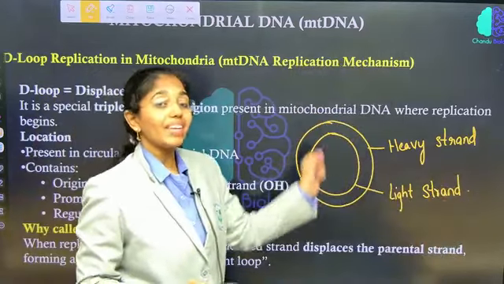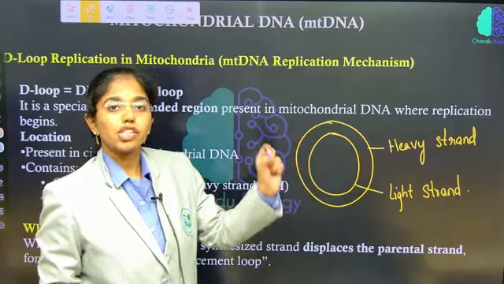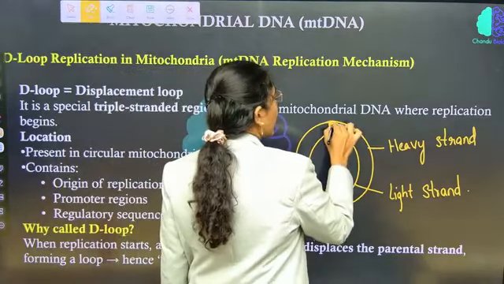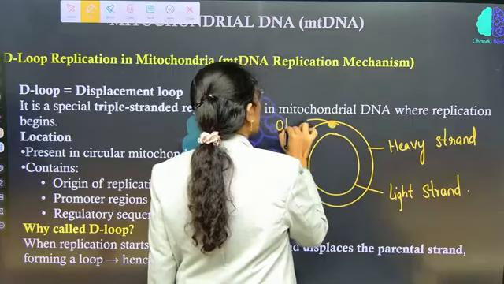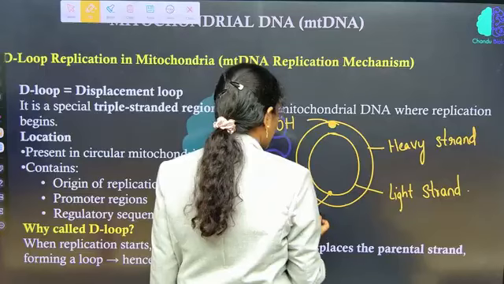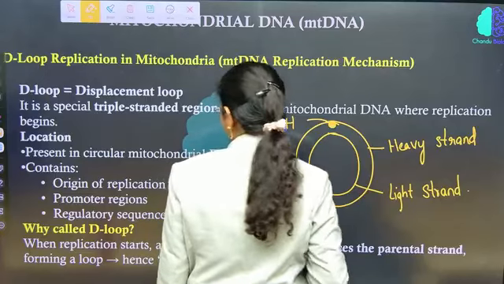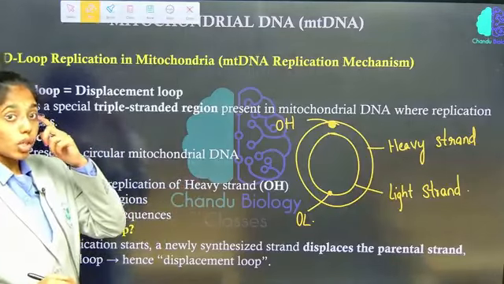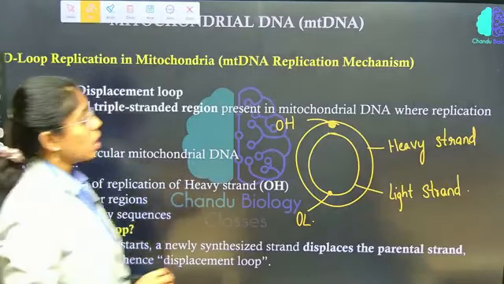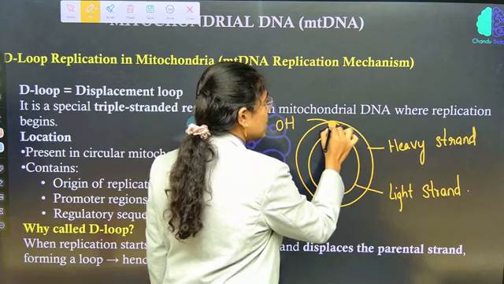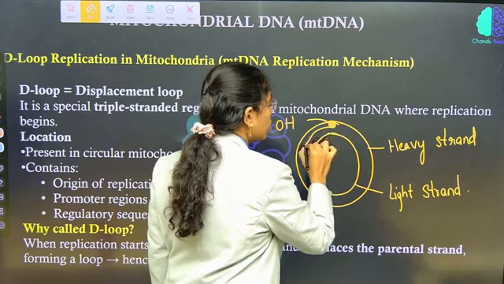Both of them have independent origin of replication sites. The origin of replication site of the heavy strand is known as the OH region, and the origin of replication of the light strand is known as the OL region. First, the heavy strand at the ORI site starts replicating a new strand.